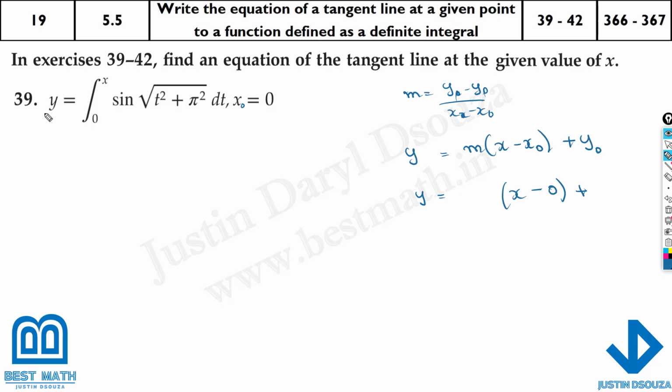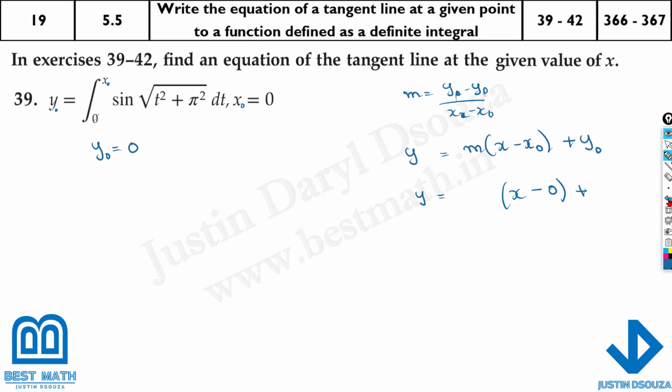This is the given equation, right? What does y naught mean? Here x becomes x naught. If you take the limit from 0 to 0, a definite integral from the same limit to the same limit is 0, right? Directly we can write y naught equals 0. Why? Because over here it's from 0 to 0.